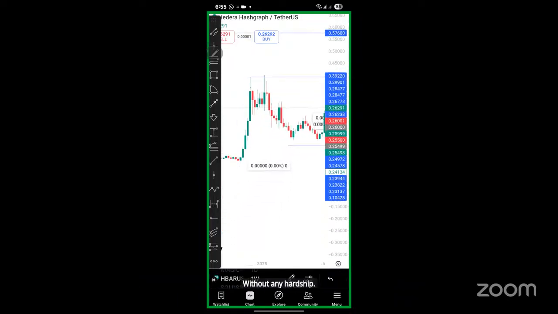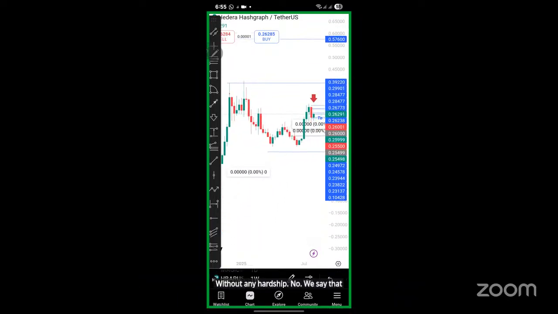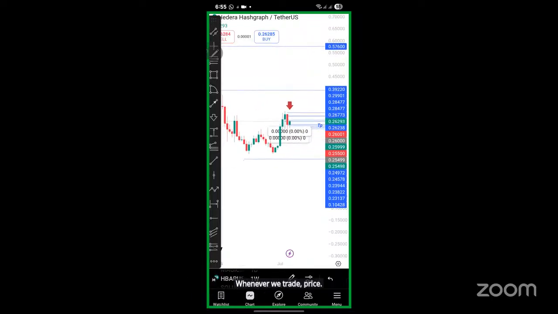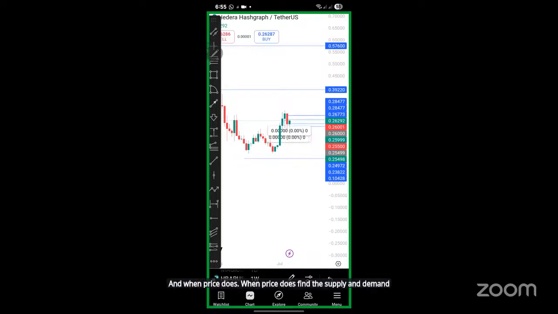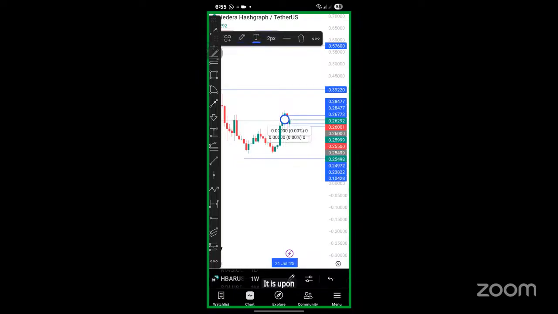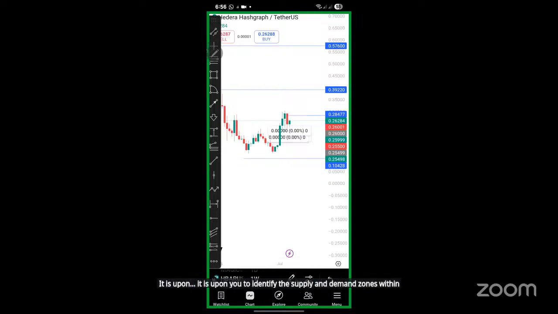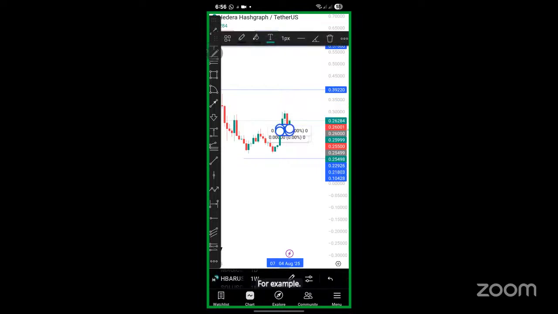Now, we said that whenever we trade, price will always find our supply and demand zones. And when price does find the supply and demand zones, it is upon you to identify the supply and demand zones within your chart. For example, look at this coin we are here right now.